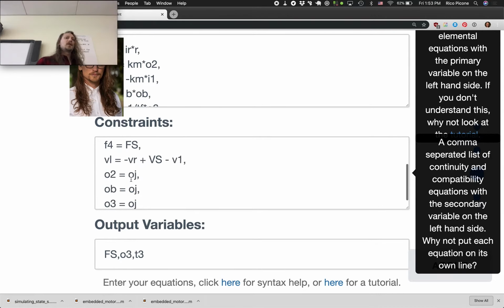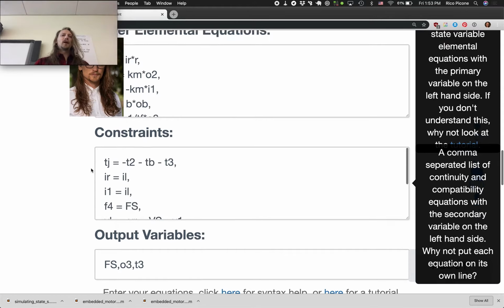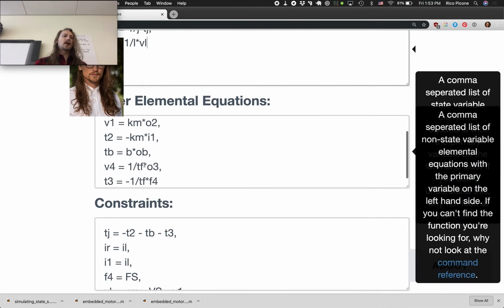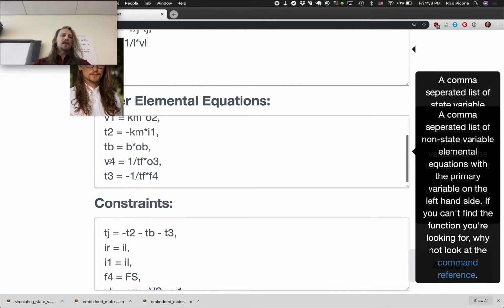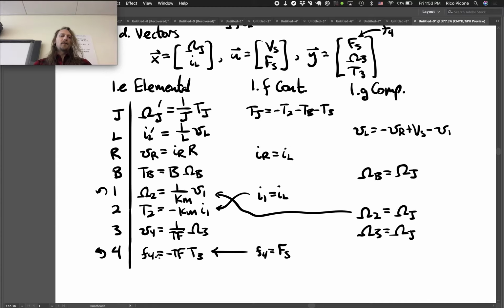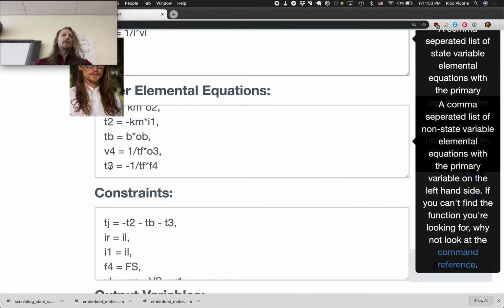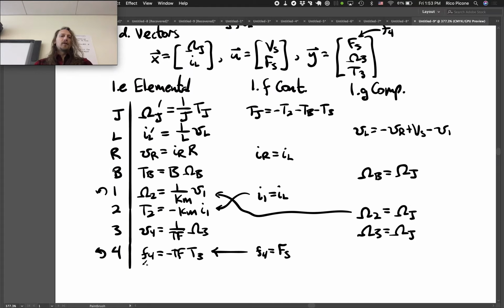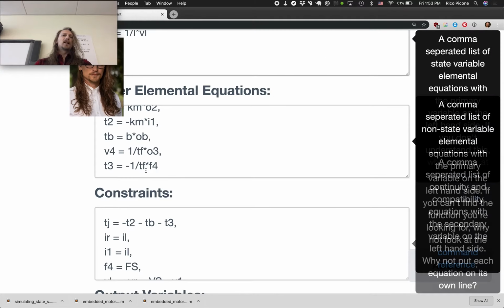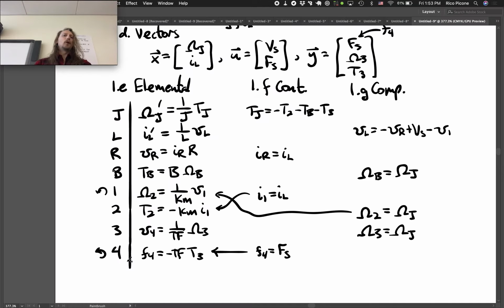So you have to write the elemental equations with the primary variable on the left-hand side. So for this 4 equation here, I solved it for T3 before I plugged in. So T3 equals -1 over TF F4. And if you don't do that, it'll say it can't solve the equation.